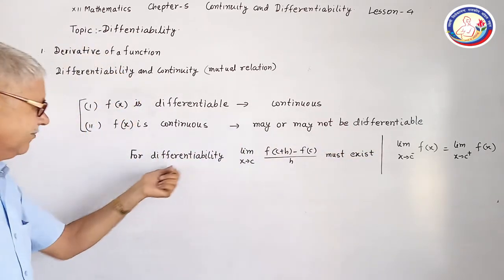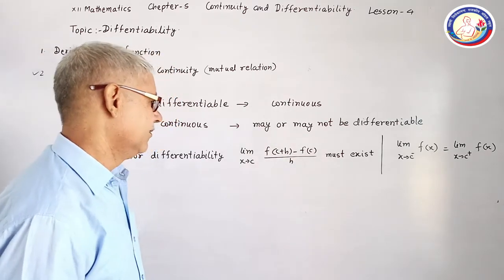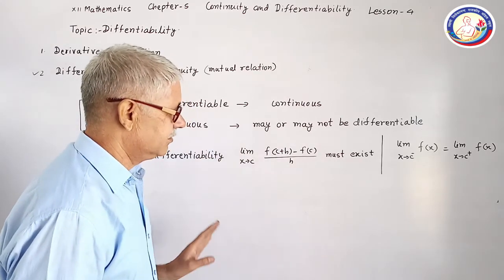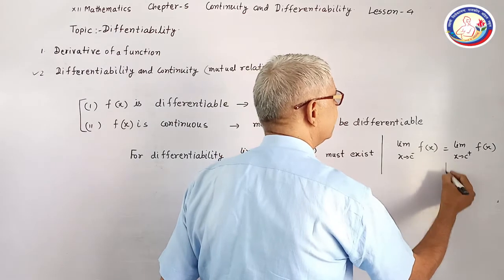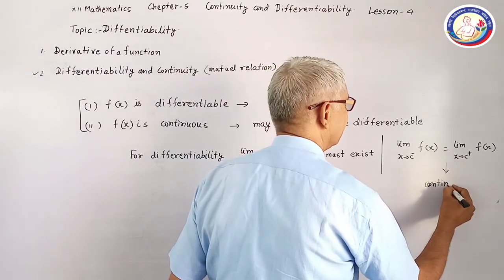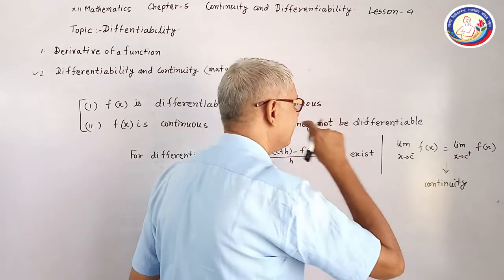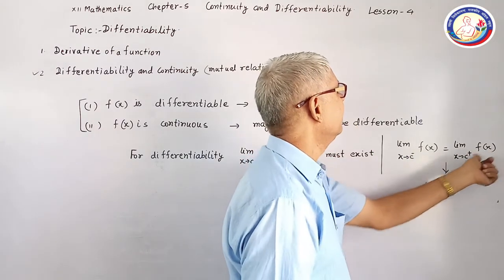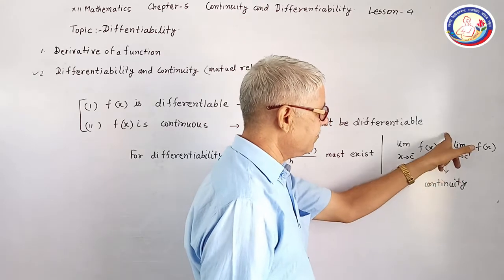Now, for differentiability, this limit must exist. In other words, we say that the function must be continuous. This is the first condition for continuity, because the limit must exist here at x equal to c, and the value of the function also must be equal.